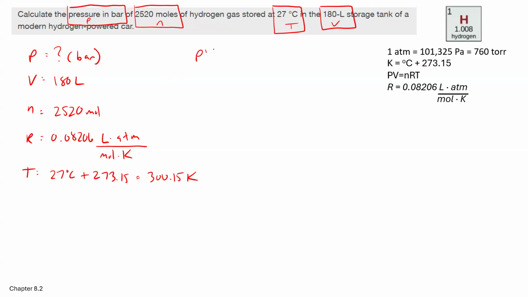So PV equals nRT. We're looking for pressure, so we have to divide both sides by volume. That cancels out. Let's write it down here. P equals nRT over V. N is 2520 moles. Again, I'm going to make that long line.